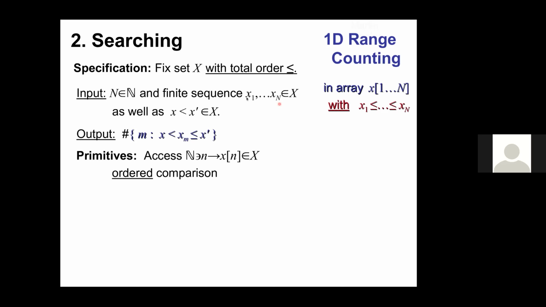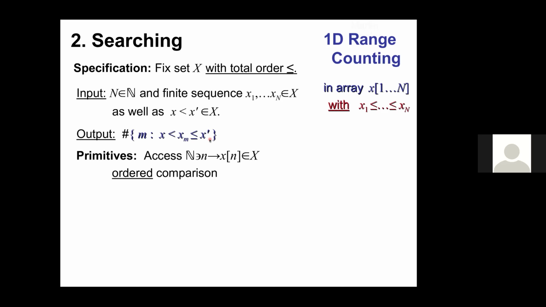I'm given a sequence, an array of elements, and let's say that the array is ordered. I'm given two elements x and x prime, and I want to know how many xm are between x and x prime.